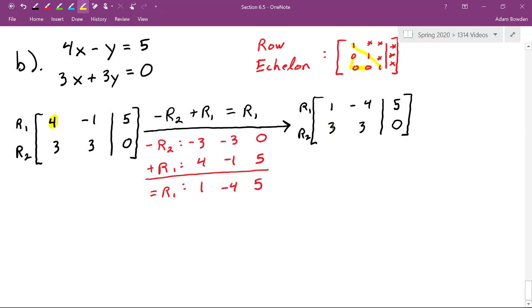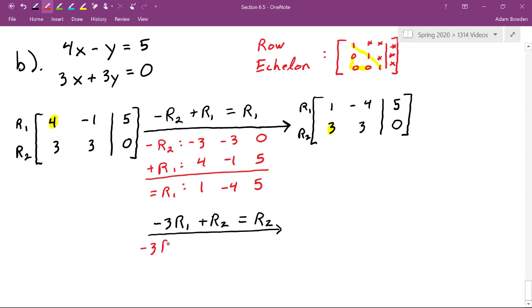The next step is to take the 3 down here in the corner below the 1 and change that into a 0. I'm going to do that by adding a negative 3 to it. I'm going to take negative 3 row 1 plus row 2 equals the new row 2.